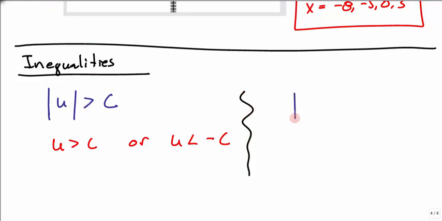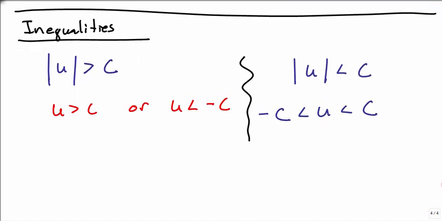Let's look at the less than option. The absolute value of u is less than c. This case is really nice because what basically we do is we negate the c, kind of flip it over this way, and then we run through all the possibilities up to the positive c. Notice we leave the signs less than, and then I solve here. Now this is actually two cases.